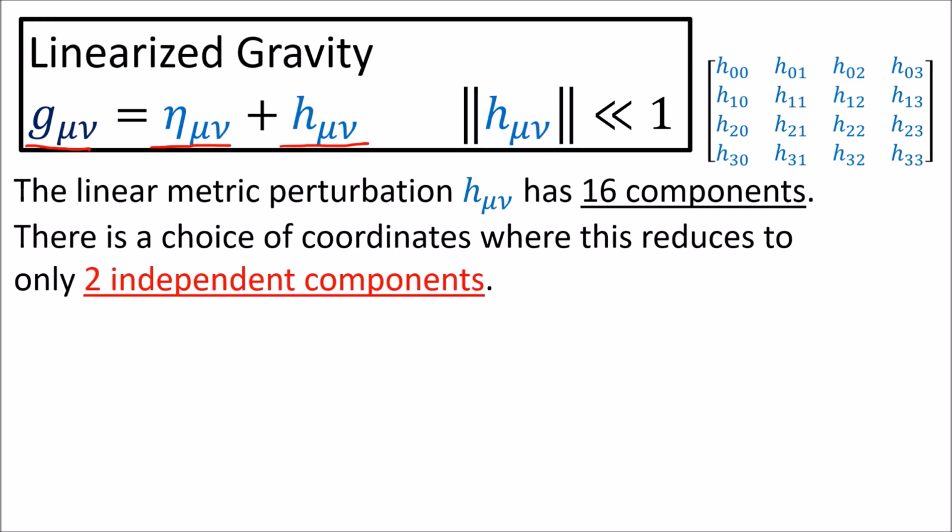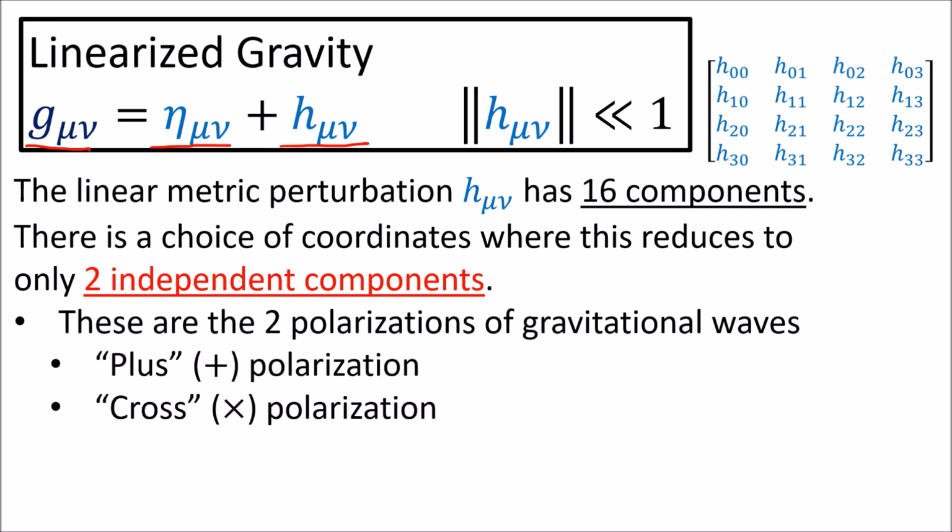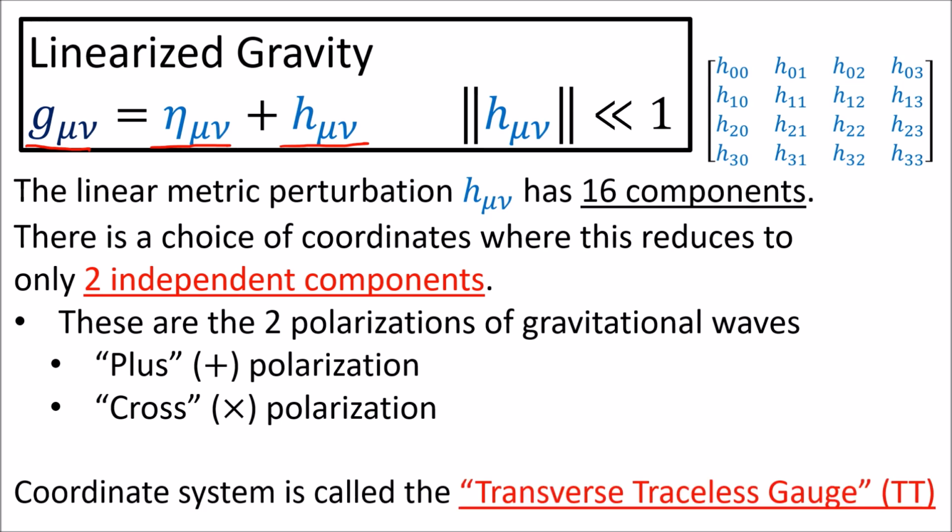In this video, we're going to see that there is a choice of coordinates where the 16 metric components reduce to only two independent components, which correspond to the two polarizations of gravitational waves, the plus polarization and the cross polarization. The coordinate system where these two independent components are most obvious is called the Transverse-Traceless Gauge, or TT gauge.